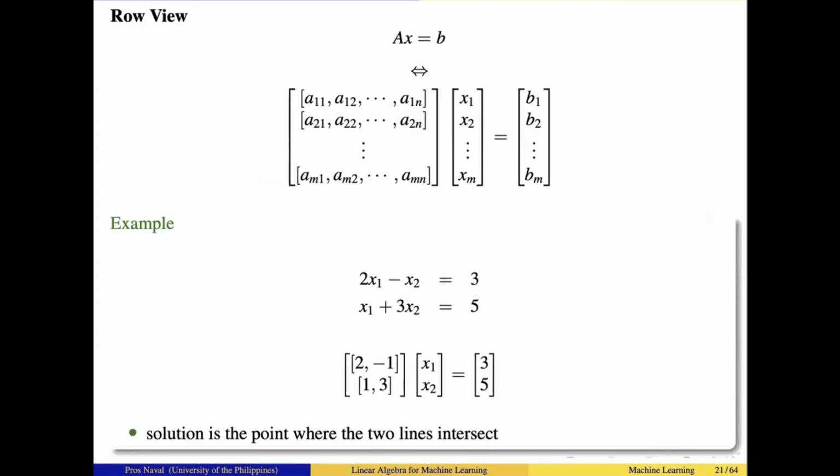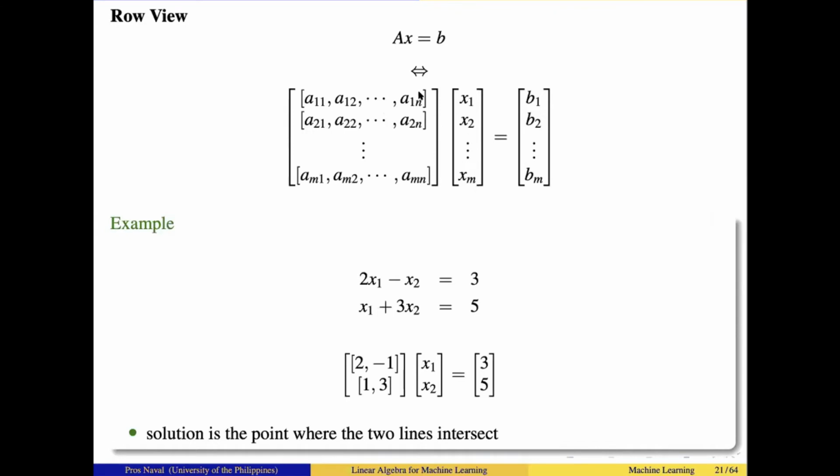So the most common interpretation of a matrix is the row view. This is the view that we have learned since high school days. In this interpretation, the rows of the matrix A are seen as coefficients that are multiplied with the elements of the vector x.